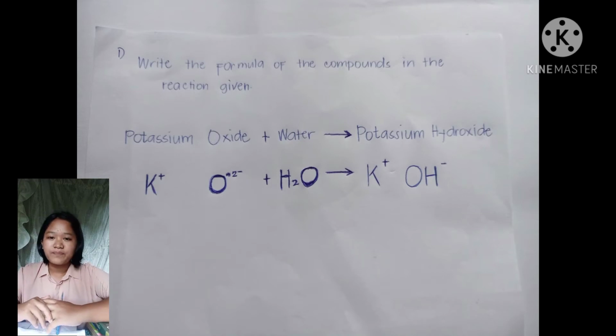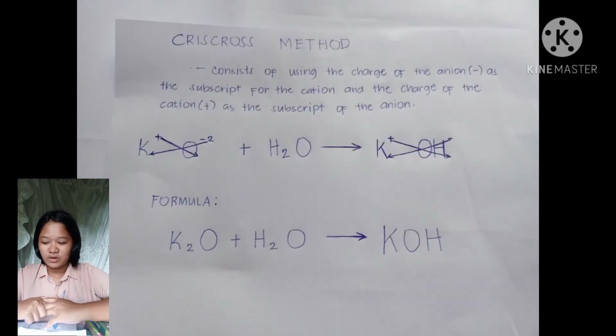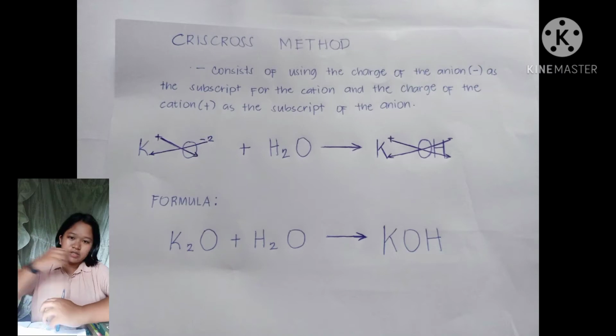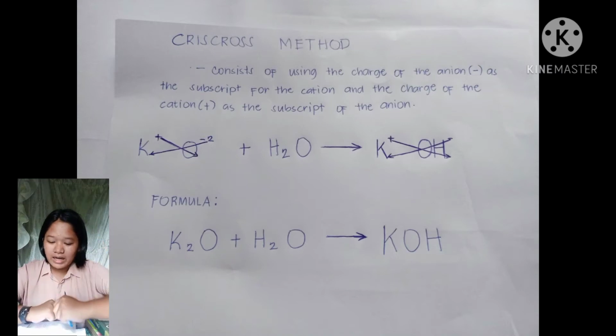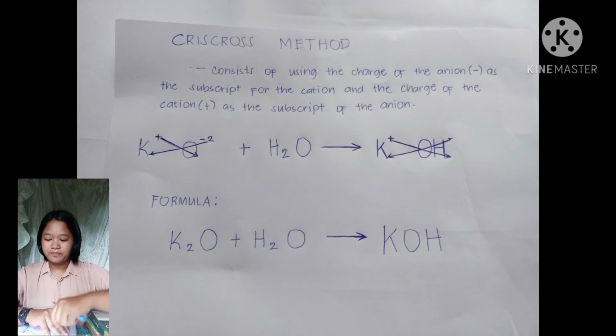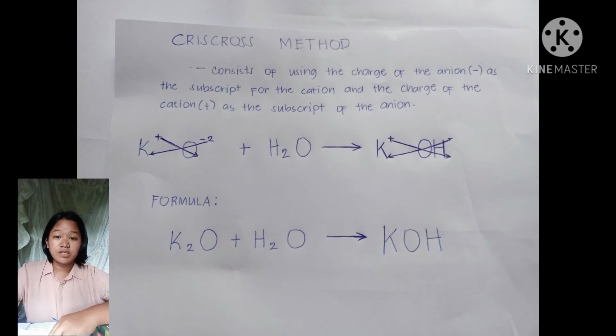So ang next step nato is the crisscross method. So crisscross method consists of using the charge of the anion or negative as the subscript for the cation and the charge of the cation or the positive as the subscript of the anion. So makita nimo sa babaw, gi-crisscross nako ang charges sa potassium og sa oxide.